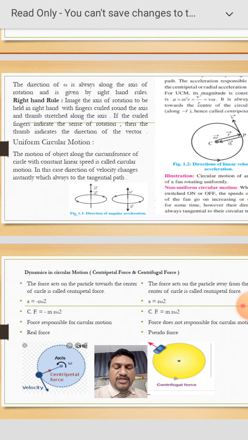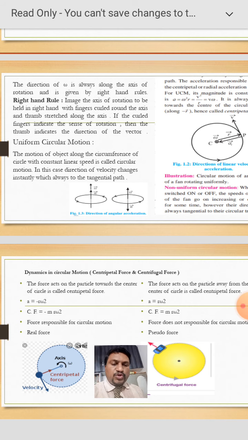Why is it a real force? Let us discuss. A force which originates from a fundamental force is called a real force. There are four fundamental forces: the gravitational force, the electromagnetic force, the strong nuclear force, and the weak nuclear force.